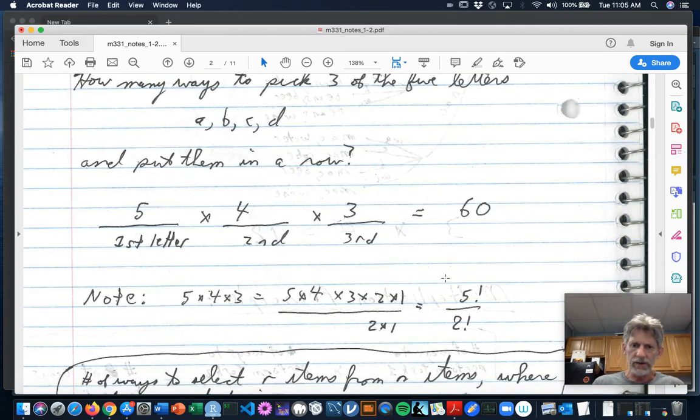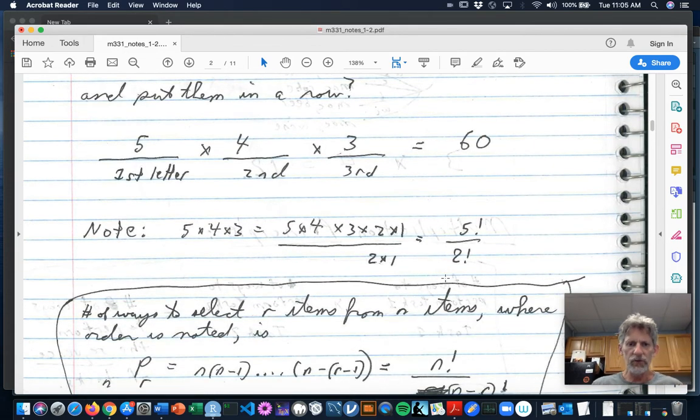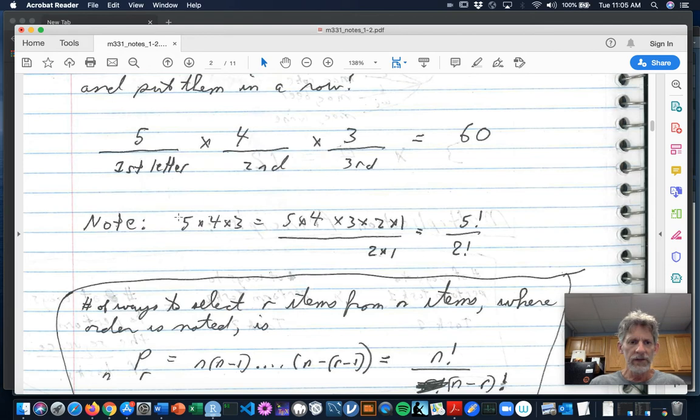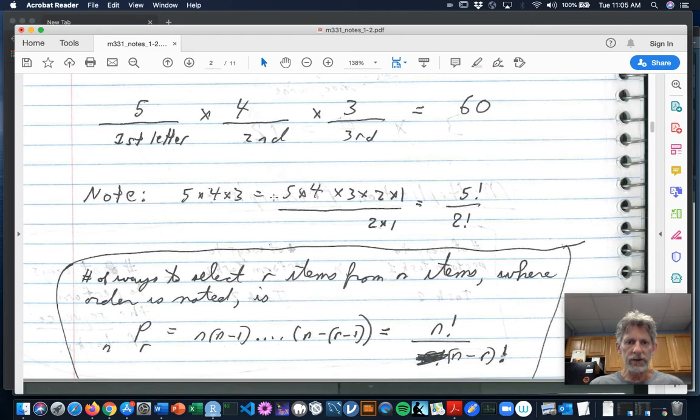Now notice, looking ahead to possible formulas, our answer 5 times 4 times 3 could be cleverly written as 5 times 4 times 3 times 2 times 1 divided by 2 times 1. And so that turns into 5 factorial over 2 factorial.